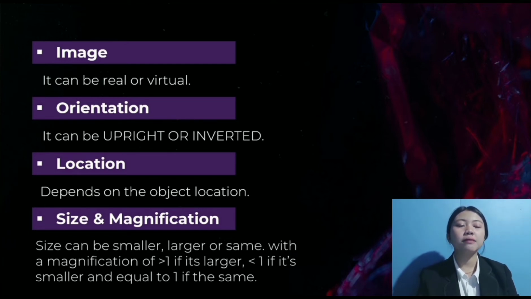And size and magnification, size can be smaller, larger, or same, with the magnification of more than 1 if it's larger, and less than 1 if it's smaller, and equal to 1 if it's the same.